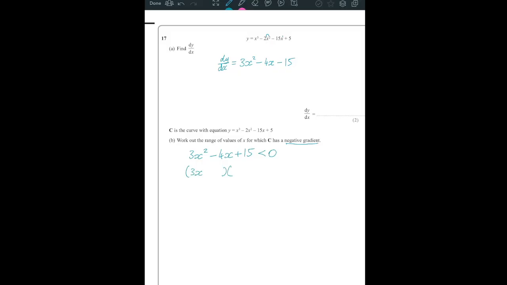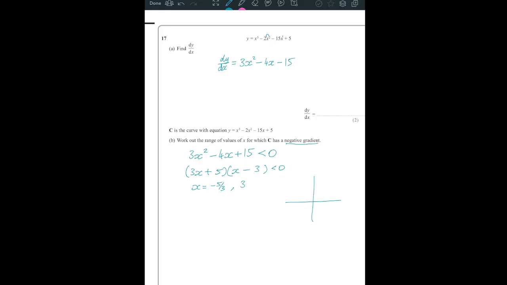My preference is often to factorize, and to factorize using the kind of magic method. The 3x squared has to be a 3x and an x. A 15 could be a 1 and 15, but a 3 and a 5 makes more sense. If I wanted to make a negative 4, I could have negative 9x plus 5x to make that negative 4. Factorize in whichever way you feel more comfortable with. So we have our critical values of negative 5 over 3 and 3.